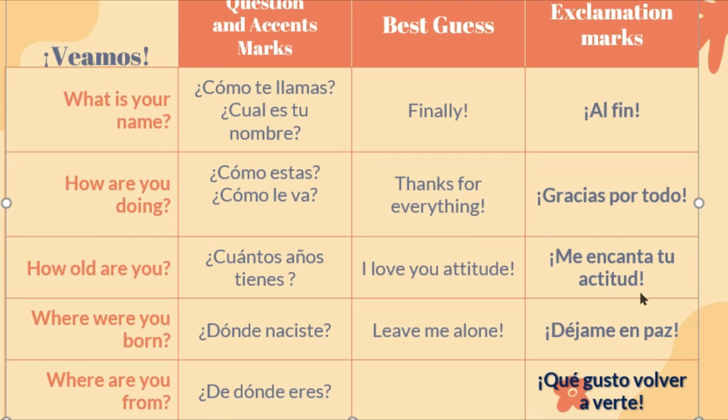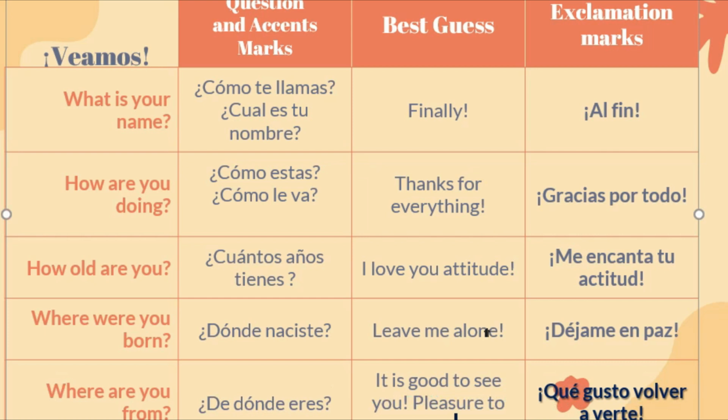What about qué gusto volver a verte? It's so good to see you. You can say it is good to see you, or even pleasure to meet you again, because we have the word volver, which is again.